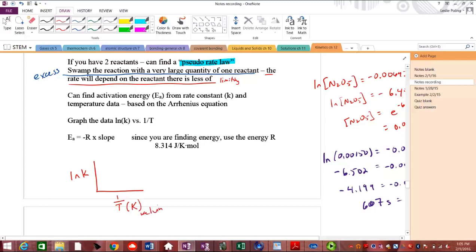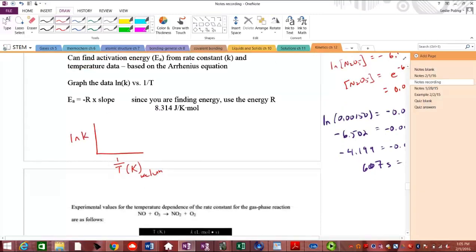So we've got two Ks here, so we've got to be careful with that. We're going to get a graph. And if we take the slope of the graph and multiply it by R, we're going to get the activation energy.